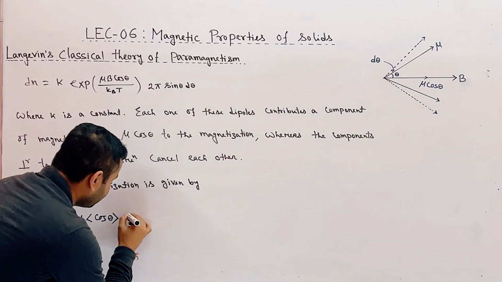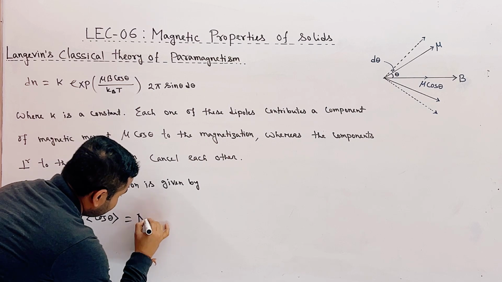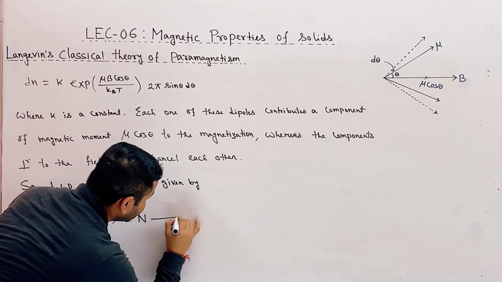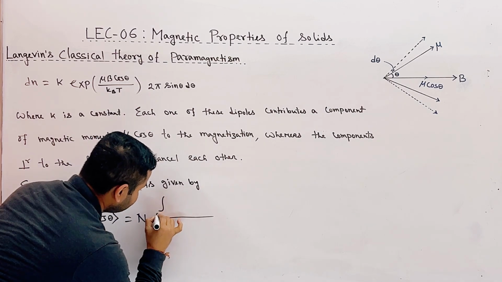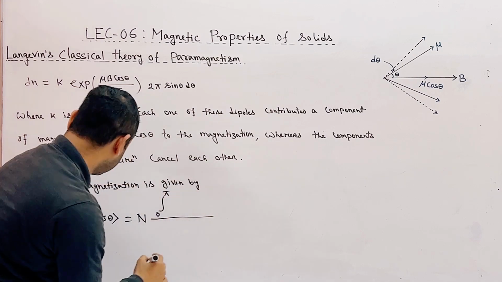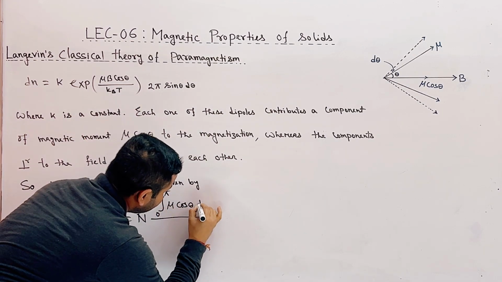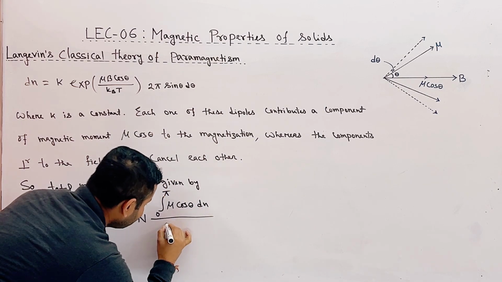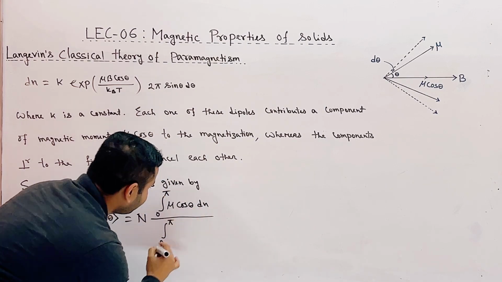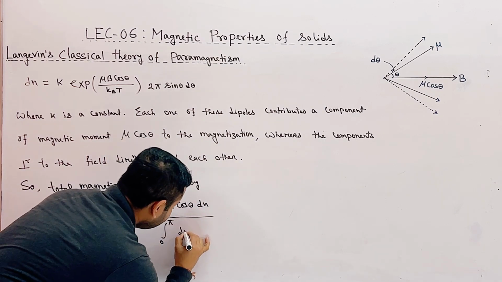This term can be written as n into integration 0 to pi mu cos theta dn divided by integration 0 to pi dn.